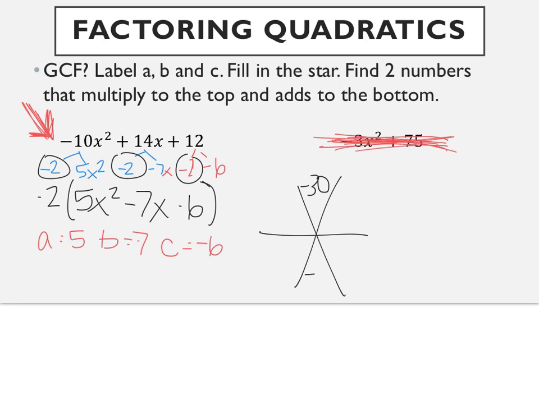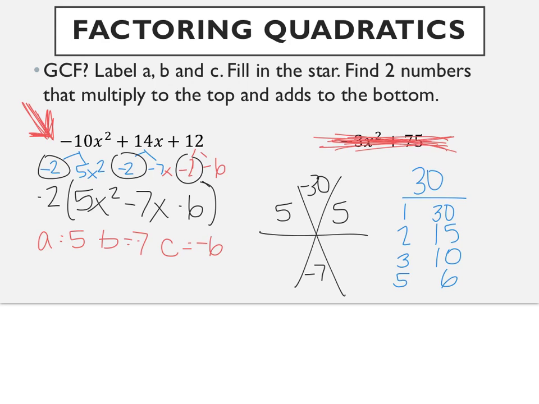B on bottom is negative 7. And here I have 5 on either side. So I need to find two numbers that can multiply to 30, but also add to 7. So I start with 1 and 30, 2 and 15, 3 and 10, and then 5 and 6.